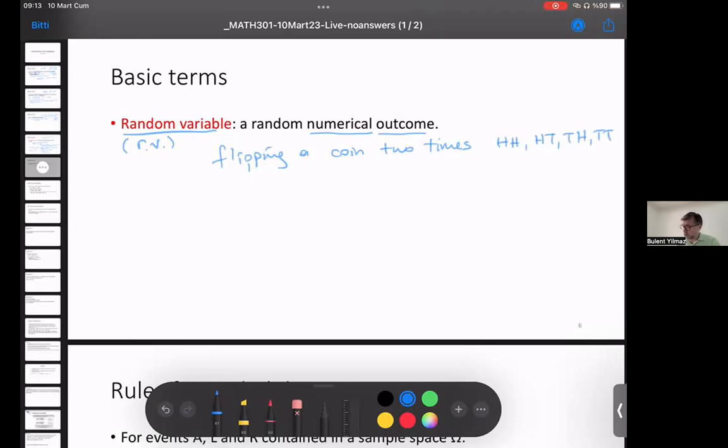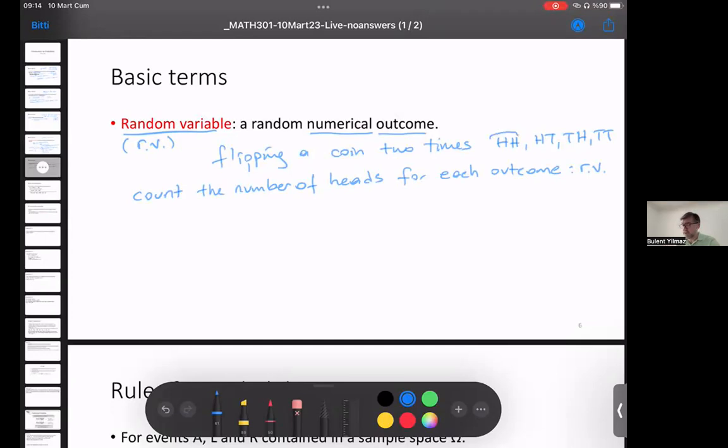And I want you to count the number of heads for each outcome. This is the random variable. This is one example for the random variable. I am counting the number of heads for each outcome.